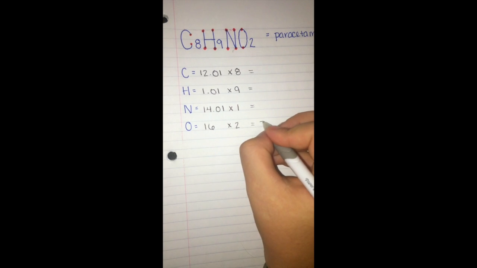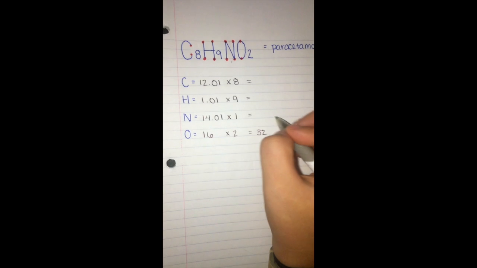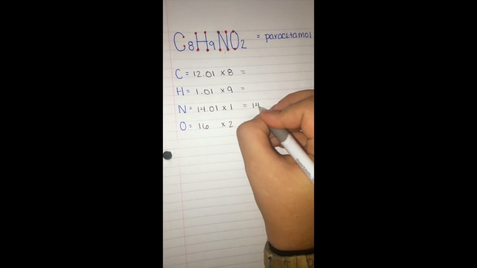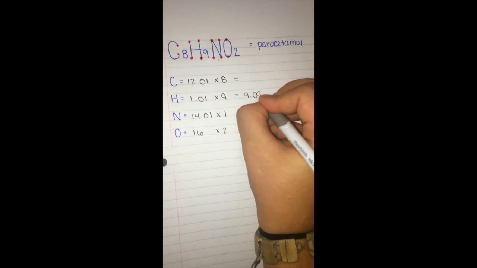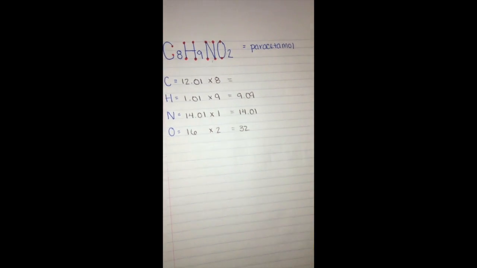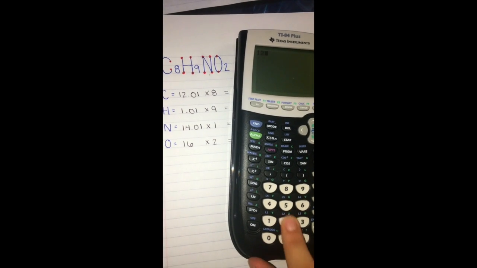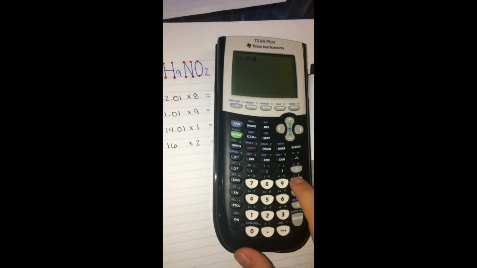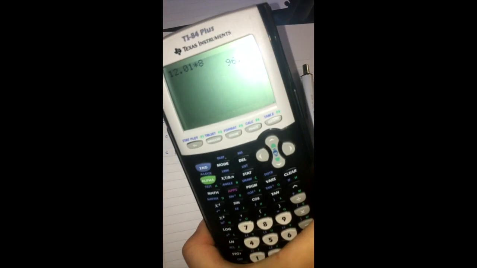16 times 2 is 32. 14.01 times 1 is 14.01. 1.01 times 9 is 9.09. And then this one, I'm not that smart, so we're going to do 12.01 times 8, which gives us 96.08.